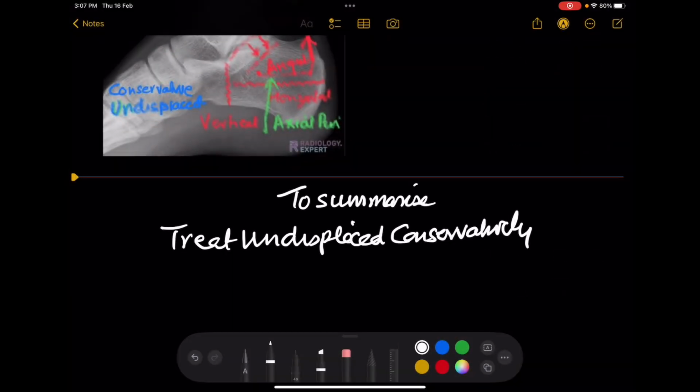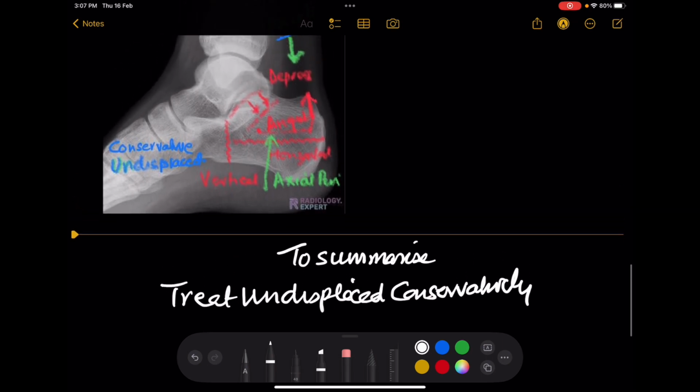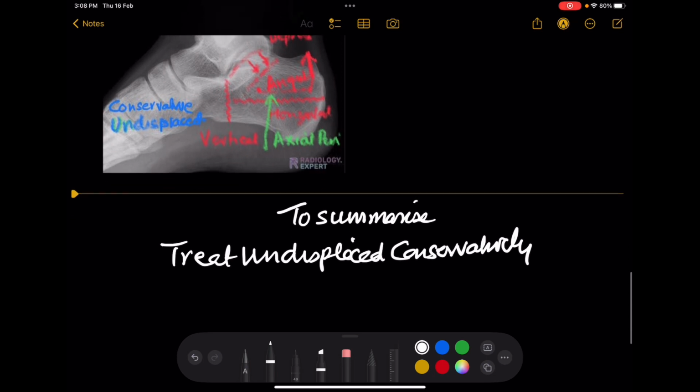To summarize, treat the undisplaced conservatively. Then, if there is an angulation, you treat it by axial pinning.